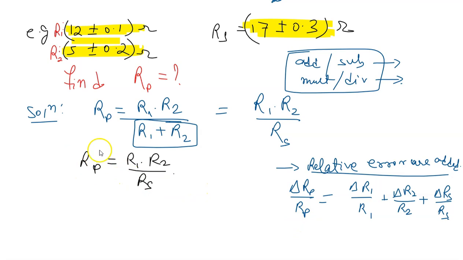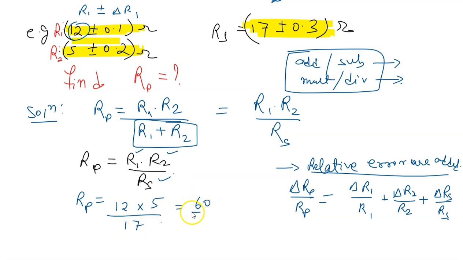So let us first find out the value of Rp. So Rp will be R1 R2 by Rs. So this is R1, right? Because we write R1 as R1 plus minus delta R1. So 12 times R2, that is 5, divided by Rs, that is 17. So we get Rp as 60 by 17. So we will keep this value, 60 by 17.